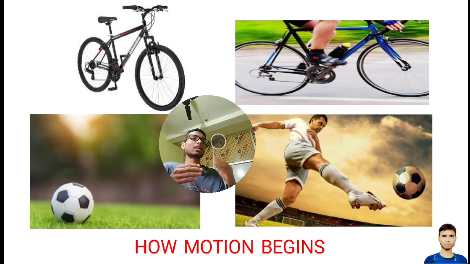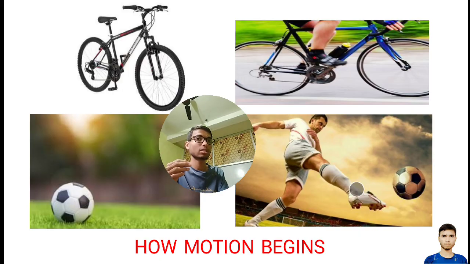So remember, there are a lot of objects that are at rest, and on the other side there are a lot of objects which are in motion. In this figure the object is at rest, but in this one an object is being kicked, hit by a person.